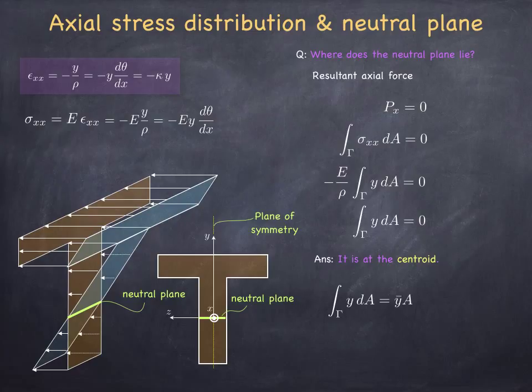So if the integral itself is equal to 0, and since we know that A is not equal to 0, this tells us that y bar must be equal to 0.